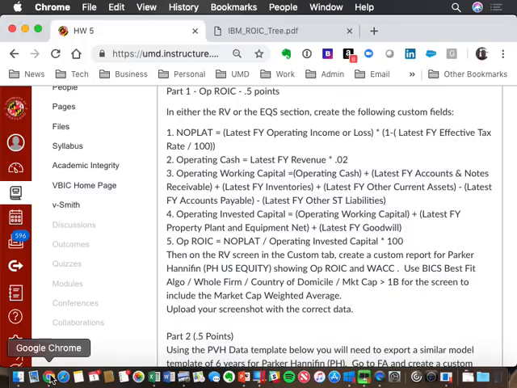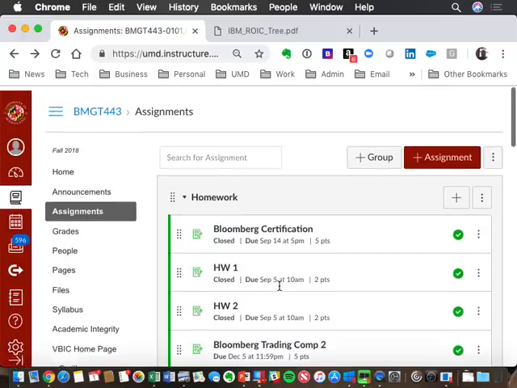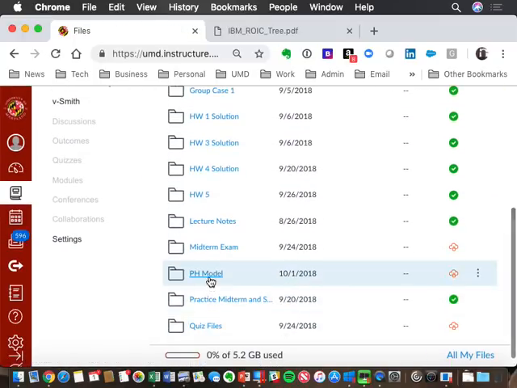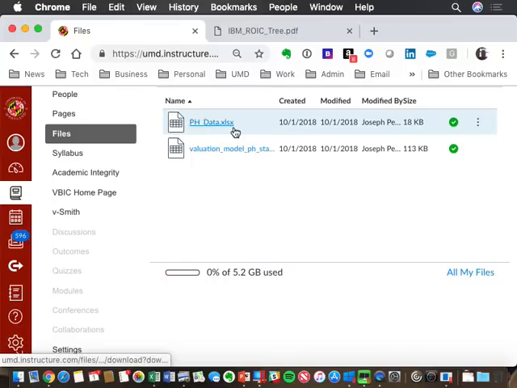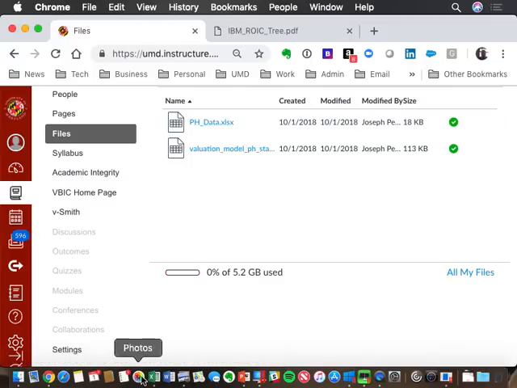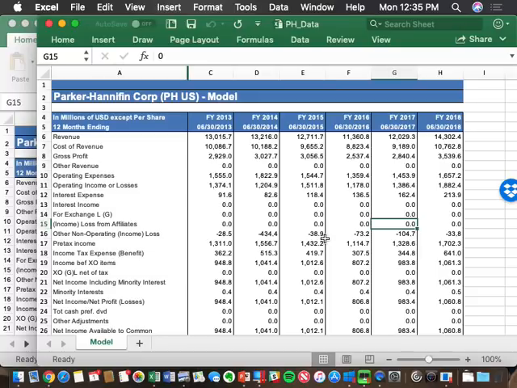I posted that as a solution in the PH folder, Files, PH Model, basically phdata.xlsx. That's the file you should have exported. What's important here is that if you did it correctly, you should have 6 years of historical data for Parker Hannifin in this Bloomberg list, which is going to be very important for the model that we're going to use in just a minute.